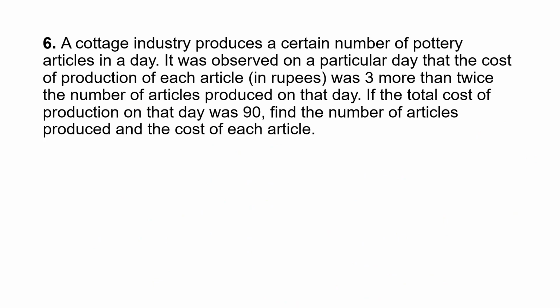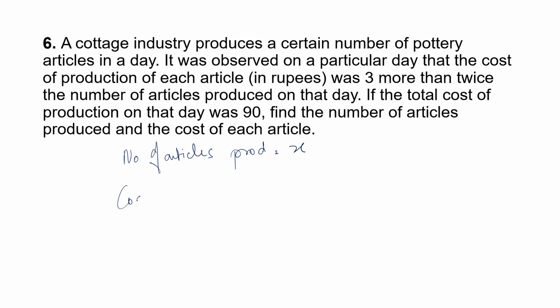So the next question is, a cottage industry produces a certain number of pottery articles in a day. This seems the same as the previous question. So the number of articles produced is equal to x. We don't know what it is, so we take x. It was observed on a particular day that the cost of production of each article was 3 more than twice the number of articles produced on that day.